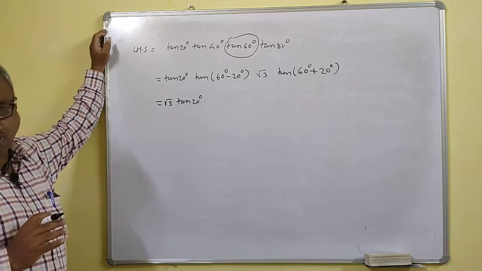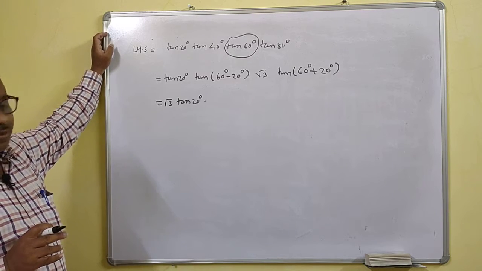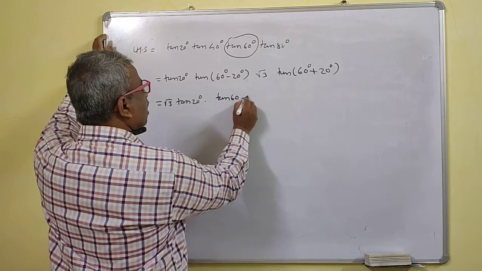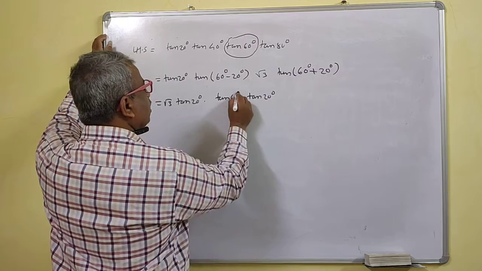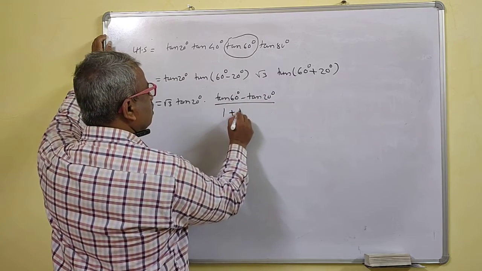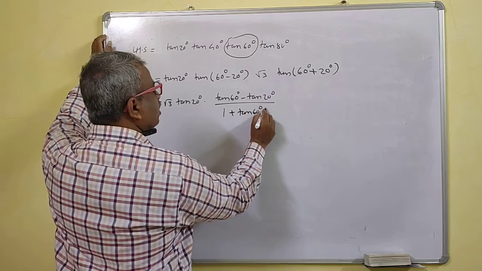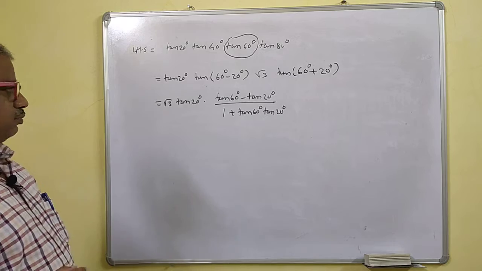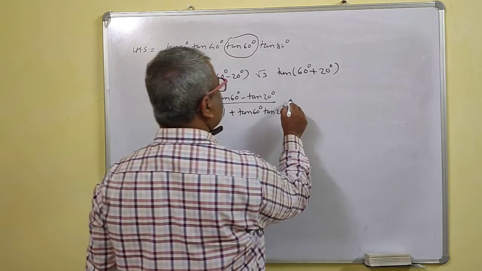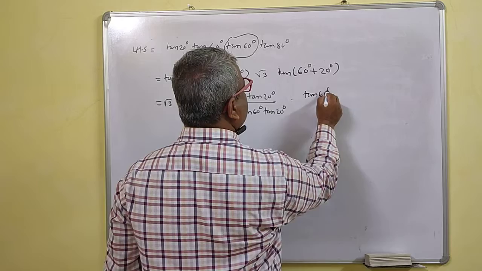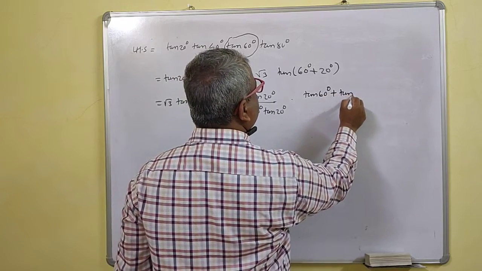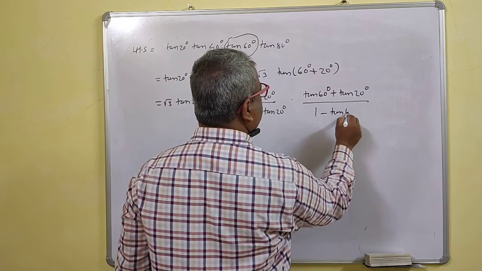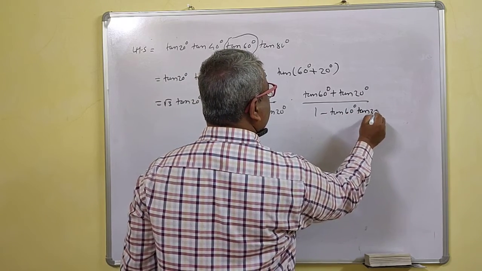Now I'll apply the formula for tan A minus B. Tan 60 minus tan 20 degree upon 1 plus tan 60 degree tan 20 degree, into tan 60 degree plus tan 20 degree upon 1 minus tan 60 degree tan 20 degree.